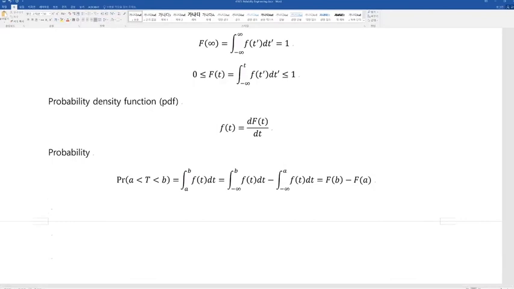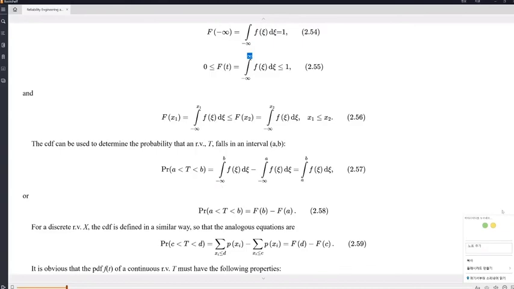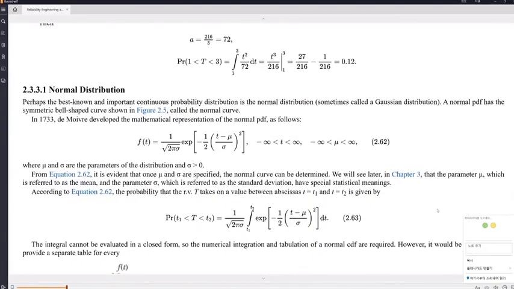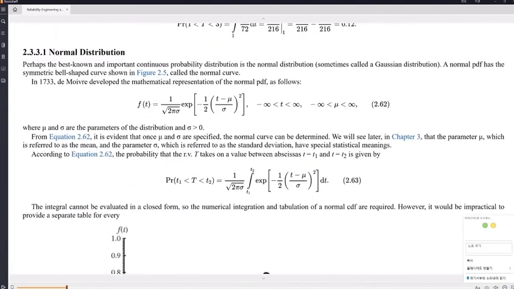So the first one is in our textbook. You have examples to give you some understanding of basic properties of continuous probability distribution, probability density functions.